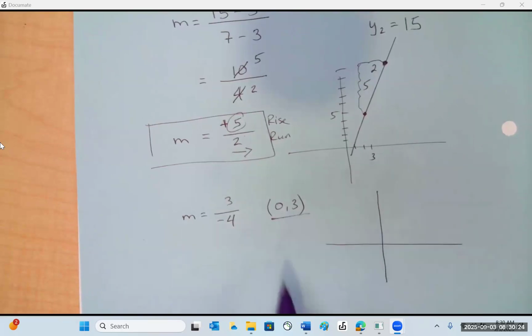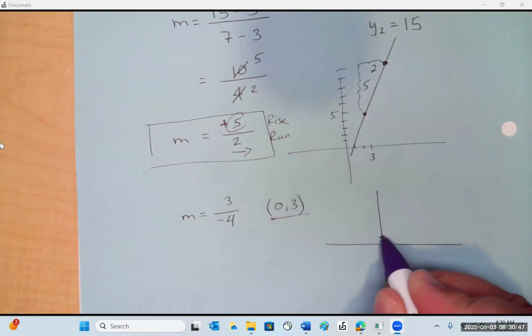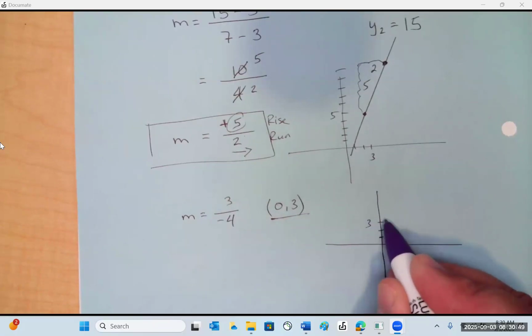First thing you got to do is plot the point. You need some place to start. You need a point. The only point we have is at 0, 3. So where do I go? Where's my 0, 3 on this graph? On the y-axis or x-axis? Y-axis, yes, because I go nowhere in the x, I go up 3. So I put a dot there.